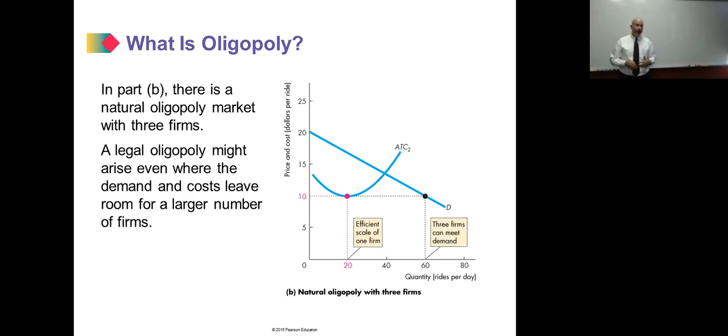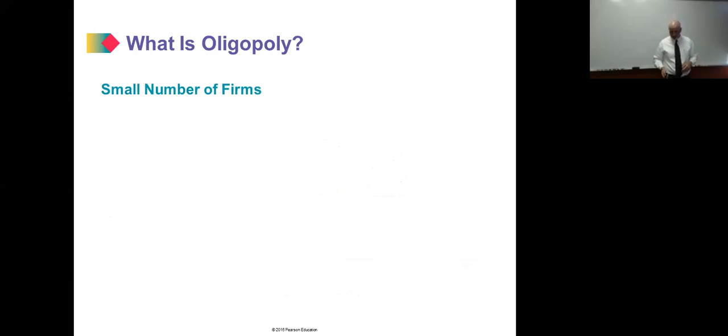We would still have wasted the last third, 20 rides. This would be viewed as an attractive opportunity for a third firm to come into the market. There's no barrier against it. The third firm would come in and fill up this shortage. Now we say it's one in which a number of small firms compete.